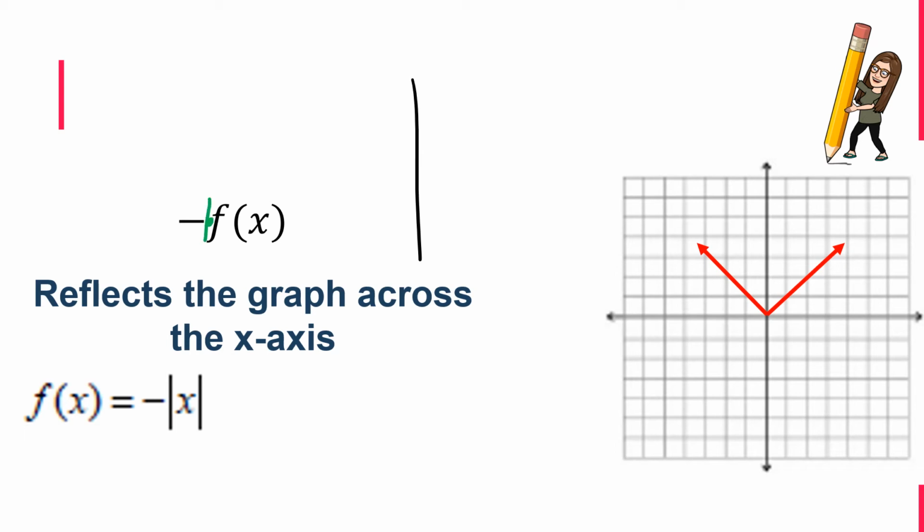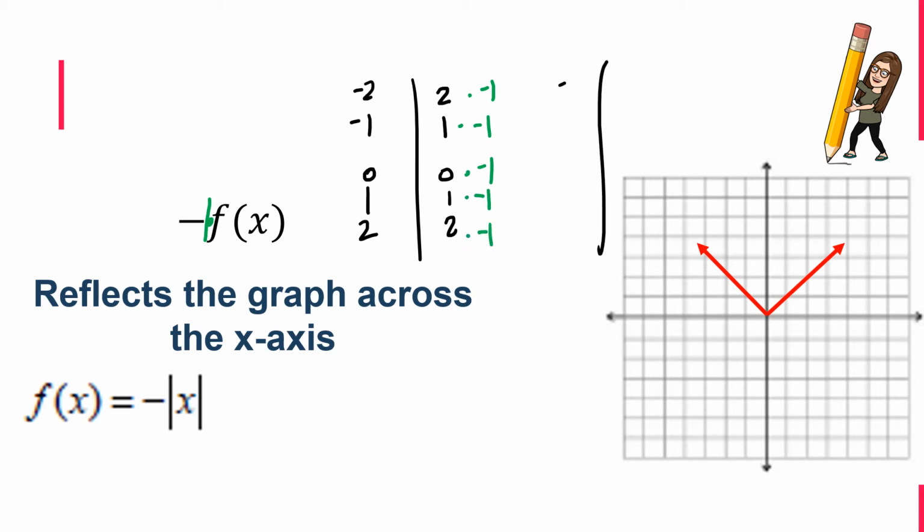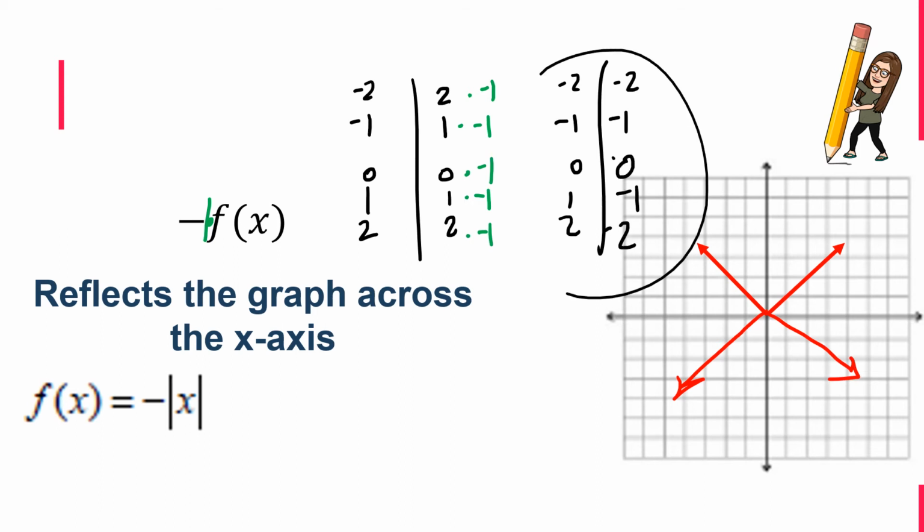So parent table-wise, I'm going to multiply my parent table by -1. It's not compressing or stretching. All it's doing is flipping those values down. And we could have graphed that without this table. Even if I don't finish my table, I think you know that a reflection down is going to look like that. But my parent table confirms it.